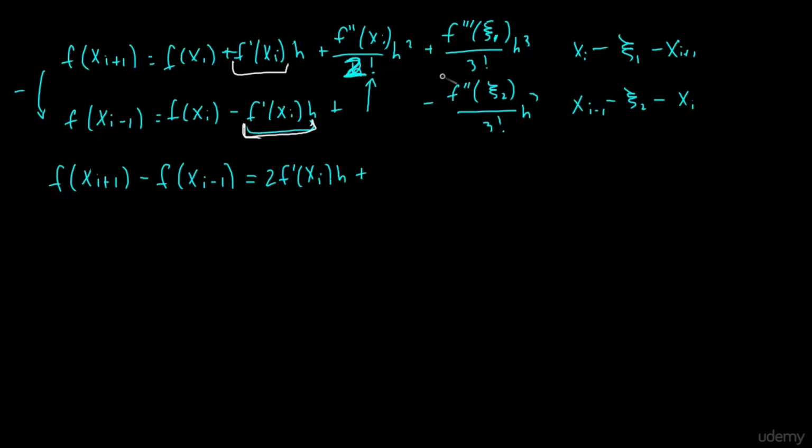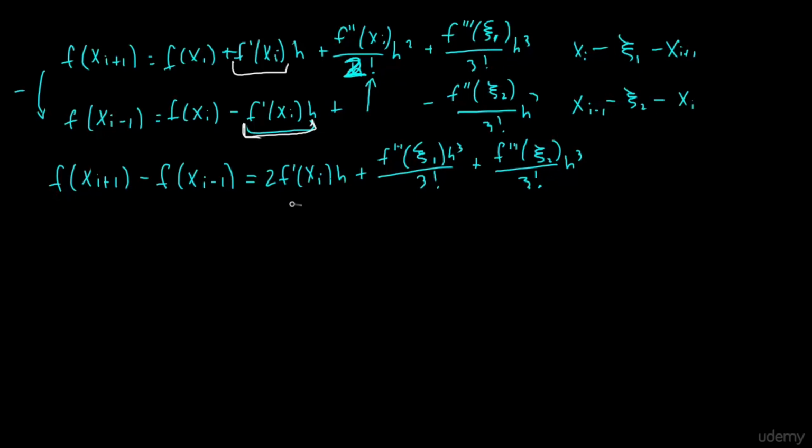And then we add up this term minus this term. So essentially we have the third derivative at xi1 h cubed over 3 factorial, and then another plus, because this minus and this minus gives a plus, so another third derivative at xi2 divided by 3 factorial h cubed.